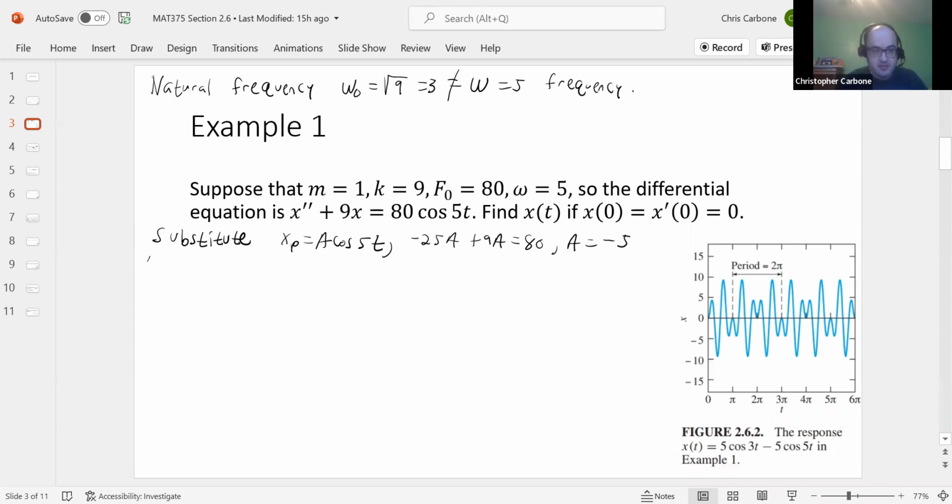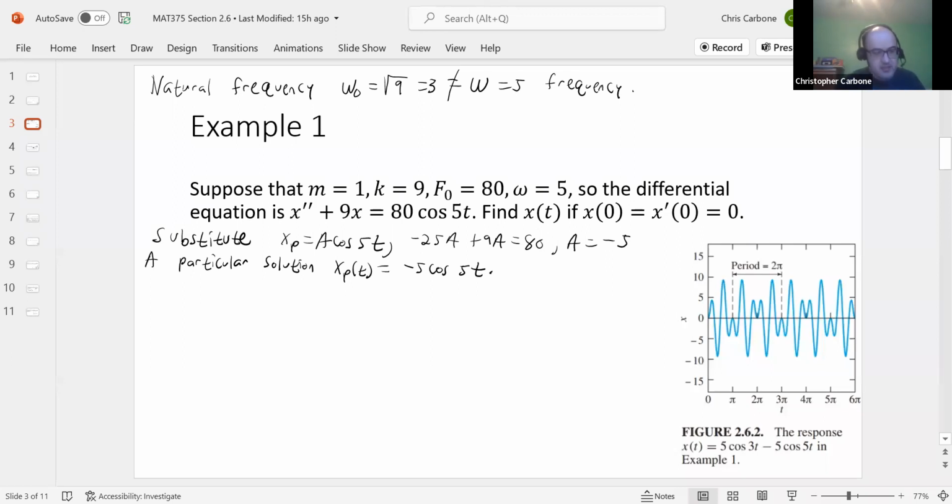So a particular solution would be x sub p of t is negative 5 times the cosine of 5t.